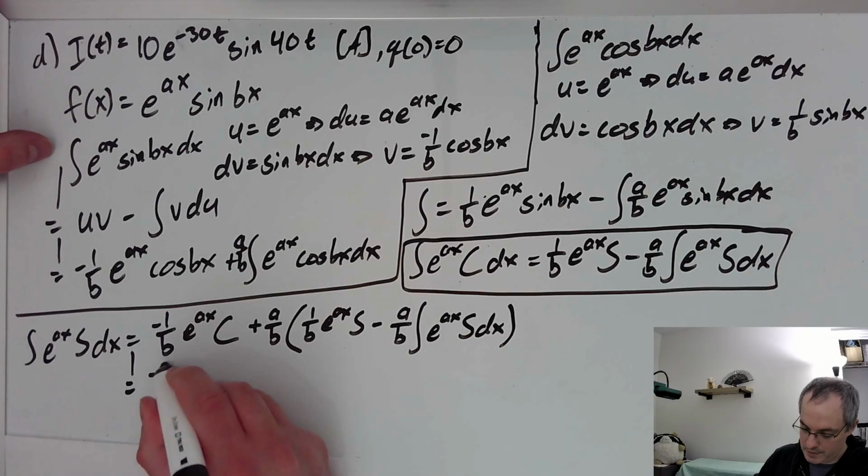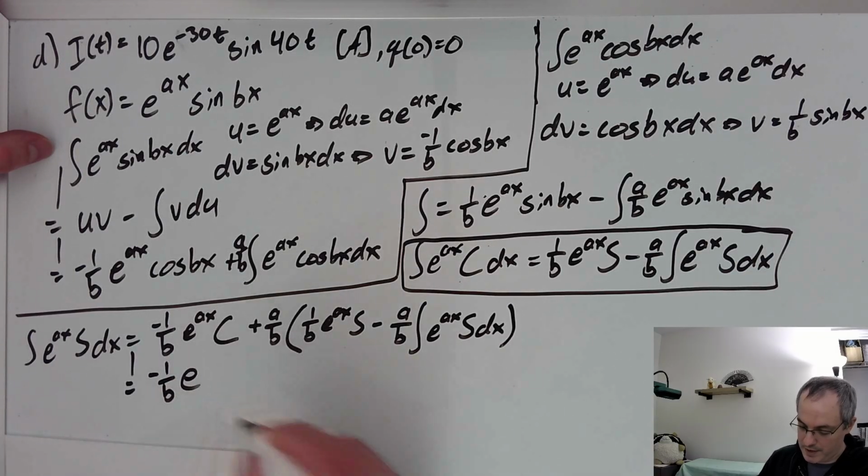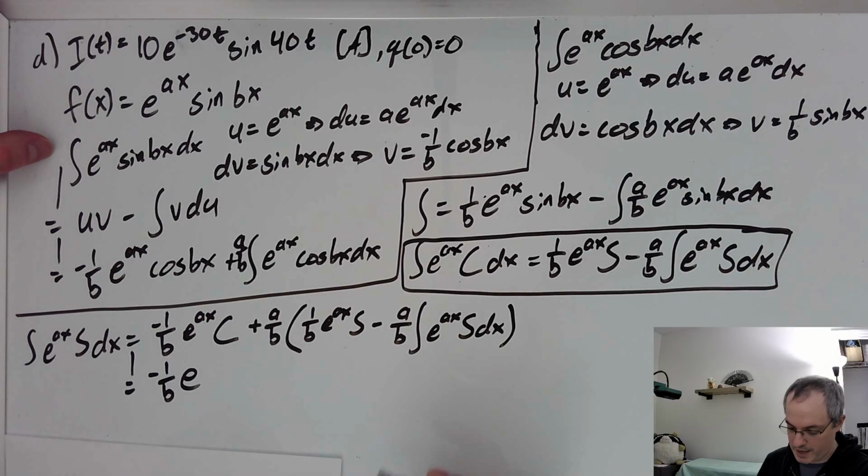Simplifying this side, 1 over b. I'm just going to write e now and drop the exponent. They're all e to the ax, so we'll just remember that.